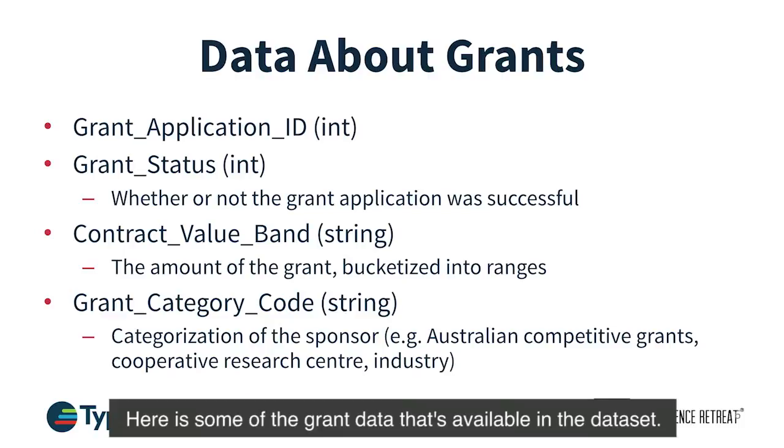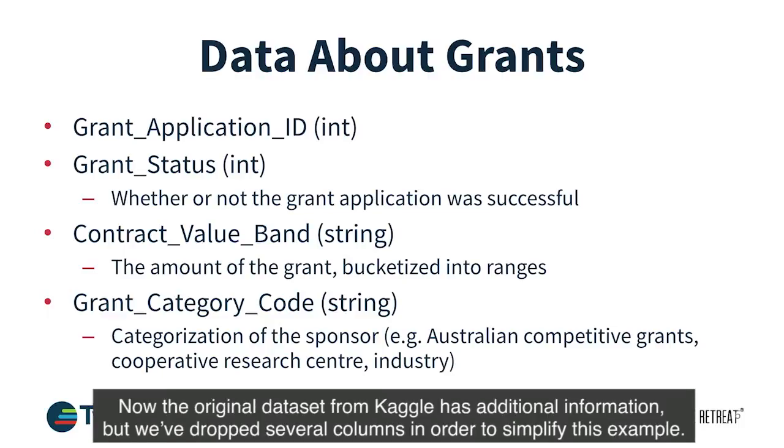Here is some of the grant data that's available in the dataset. Now, the original dataset from Kaggle has additional information, but we've dropped several columns in order to simplify this example.